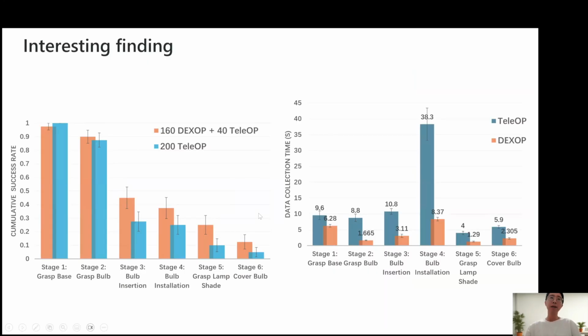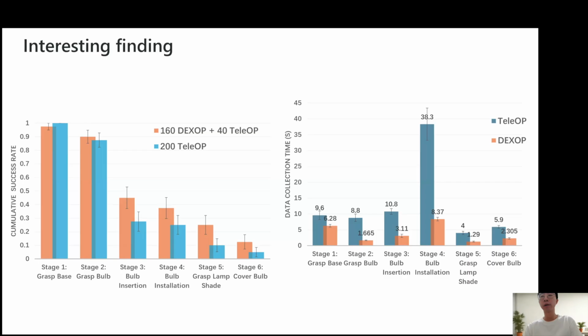Okay, and here is the comparison of our policy trained with peri-operation data against the policy trained with only teleoperation data. Surprisingly, we found that with peri-operation data, which means the exoskeleton-collected data, the policy is even better than the policy trained with only teleoperation data.